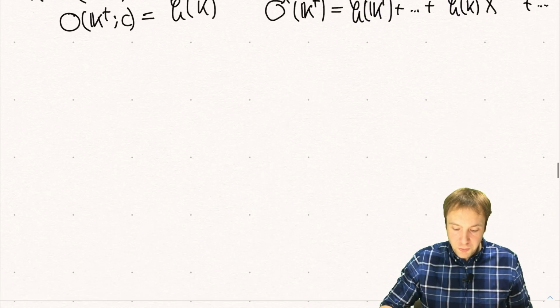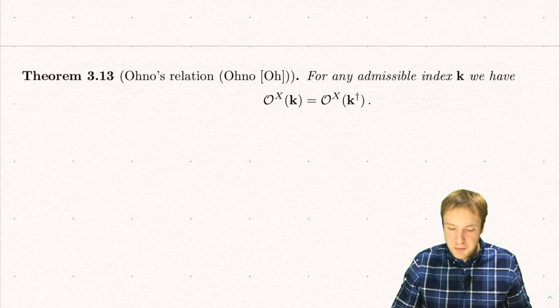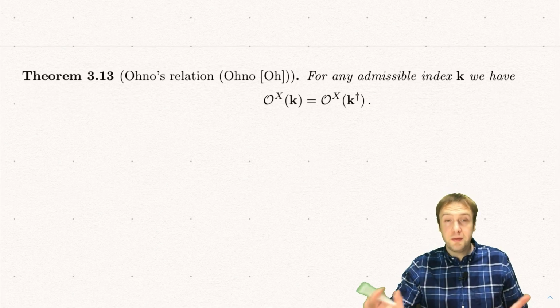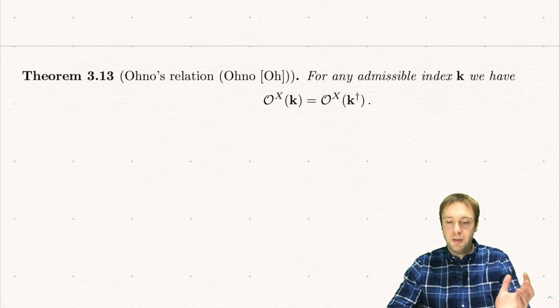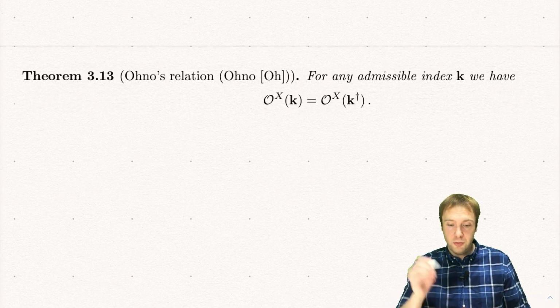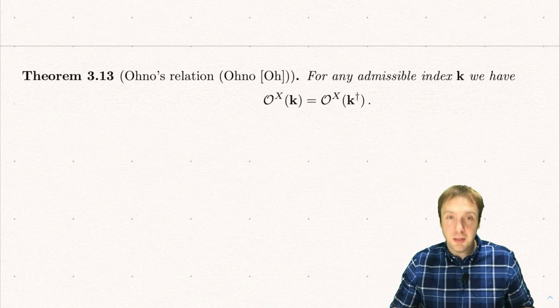So the statement of the Ohno relation is that the Ohno sums also satisfy the duality. And then by the example before, we see that this generalizes the duality by looking at the constant term, and it also generalizes the sum formula by taking this special index 2, 1, 1, 1, and looking at this coefficient of x to the k minus r minus 1.